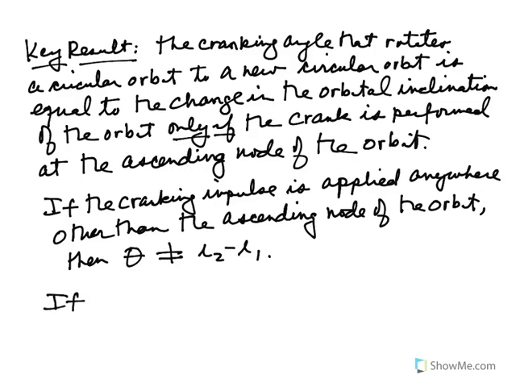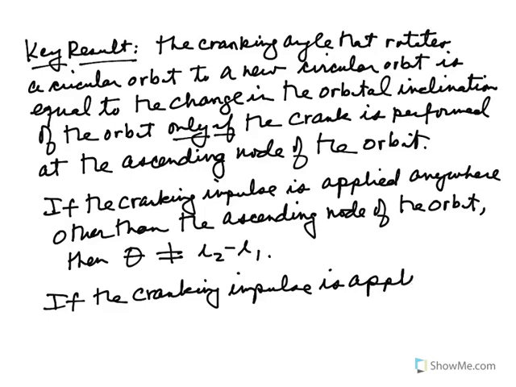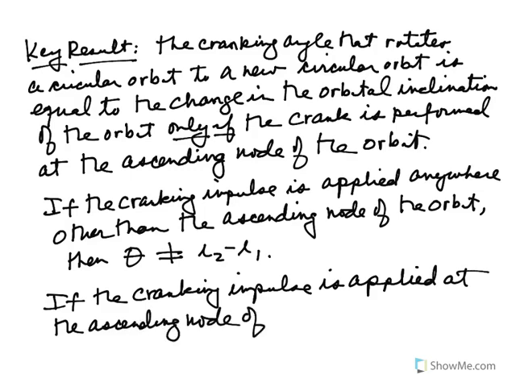If the cranking impulse is applied at the ascending node of the orbit, then theta is equal to I2 minus I1.